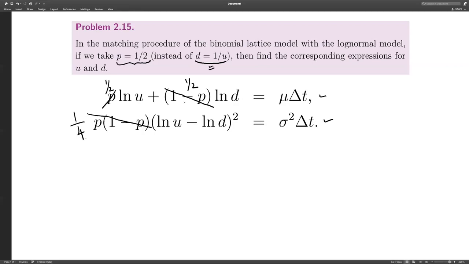From here, you can solve these two equations to get the expressions for u and d, and that is what is asked in the question. I think u is equal to e to the power of mu delta t plus sigma root delta t, is what we get as the expression for u, and d is given by e to the power of mu delta t minus sigma root delta t.